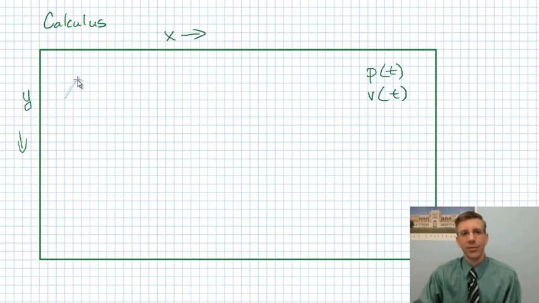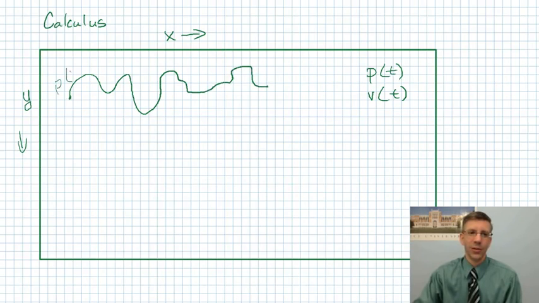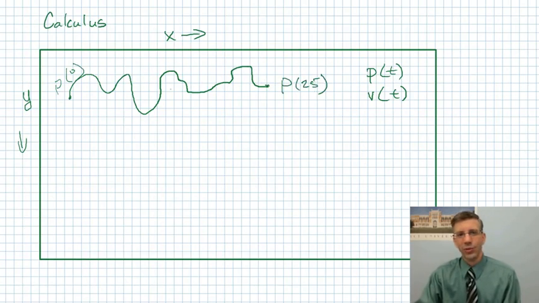So I might have some object that moves along smoothly around in the area that I'm drawing, okay? And this is maybe your position at time 0, so there's p of 0, and maybe this is your position at time 25, okay? And I could compute any of the positions in these intermediate times as well.